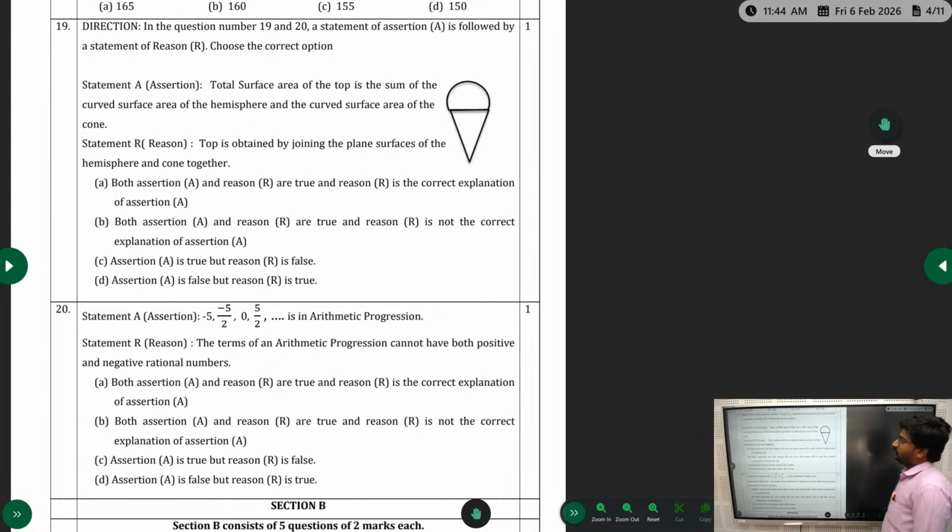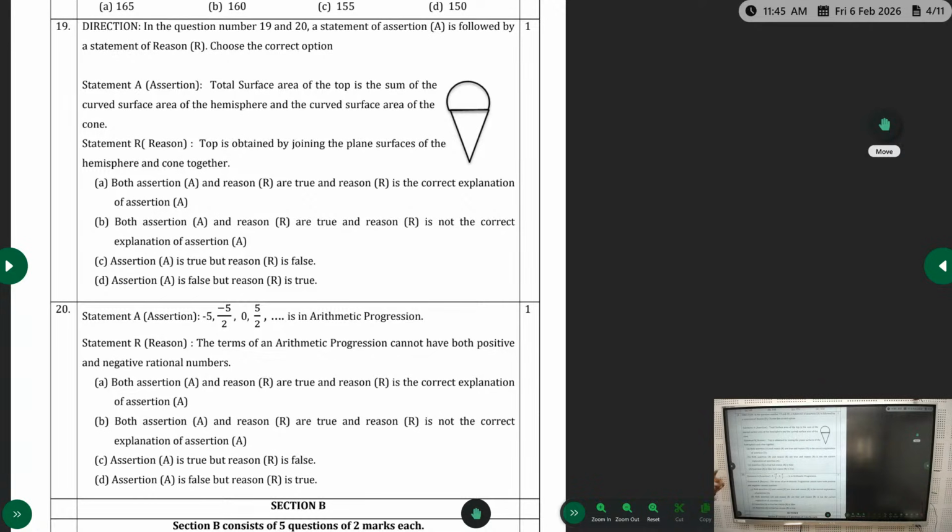Statement: the total surface area of the top is the sum of the curved surface area of the hemisphere and the curved surface area of the cone. It is a combination, like an ice cream or a top, a toy. So exactly, it is a sum of a cone and a hemisphere. Is this statement true or false? True. Next, the top is obtained.